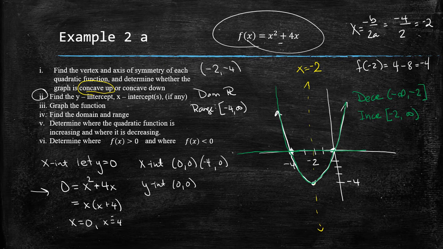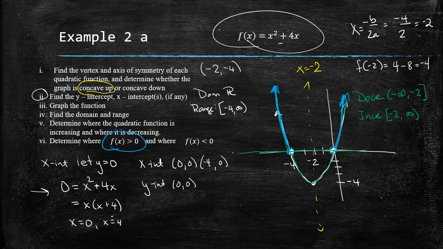Okay, and then finally, determine where the function is greater than 0 and where it is less than 0. Okay, so these are the y values, right? F of x is the same thing as y. So looking on the graph, where is it greater than 0, meaning where is it above the x-axis? Okay, so the y values are positive in these two sections that I have colored in blue on our graph.